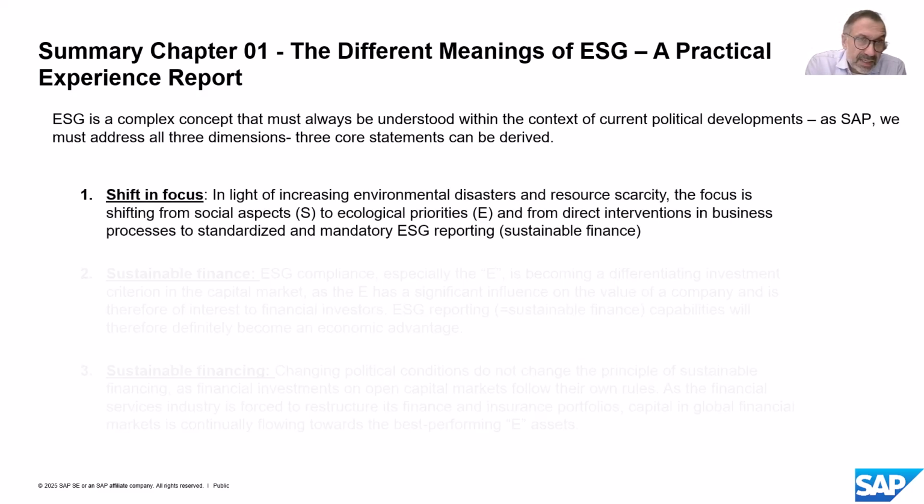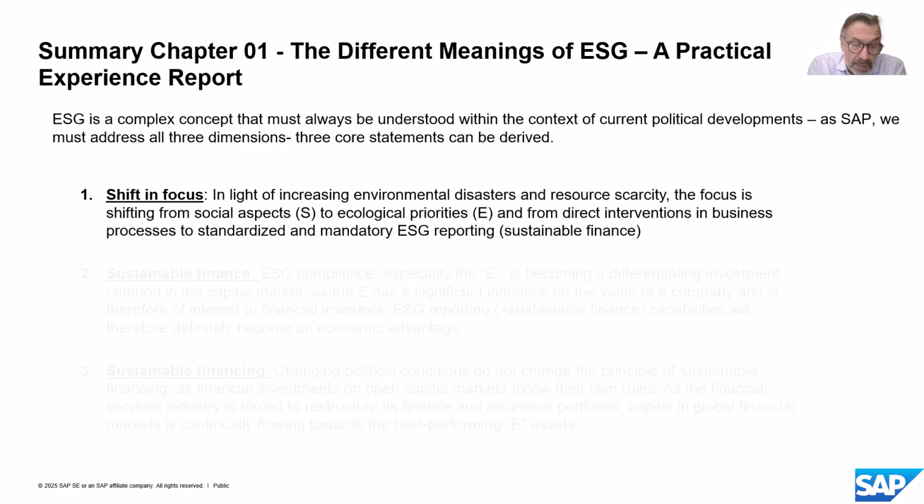What we can observe at present is a shift in focus. In the light of increasing environmental disasters and resource scarcity, the focus is shifting from social aspects, the S, to ecological priorities, the E, and from direct intervention in business processes to standardized and mandatory ESG reporting, which is sustainable finance. And this is what we can observe from a global perspective.